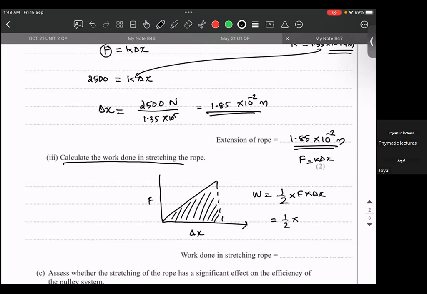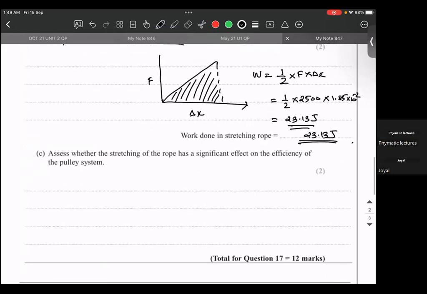So that is half times the force, which is 2,500, and the delta X was 7.85 times 10 to the power of minus 2. If you evaluate this, you will get 23.132. So the work done is 23.132. Clear? So that is the idea for this question.